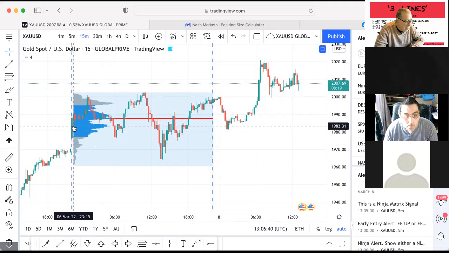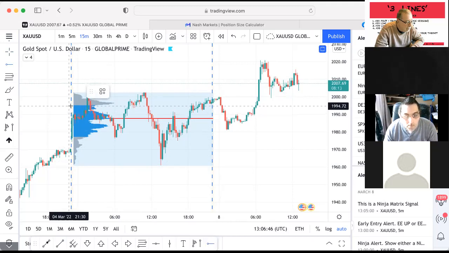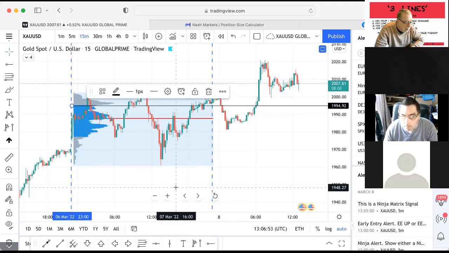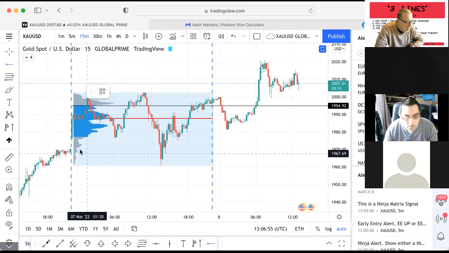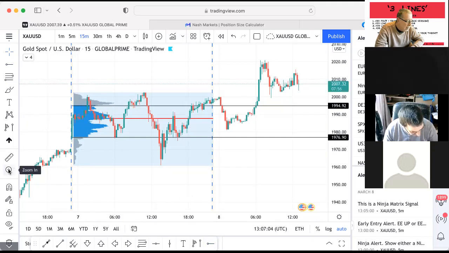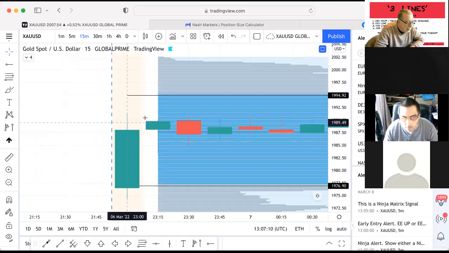So we put 3 lines on, and we take a horizontal ray and we put it at the top of that blue shaded area. Yeah, a black line will do it. We'll put a second one at the bottom there. And what I normally do, just to make sure it's accurate, is I click on this zoom in icon, and I focus in on that particular area there.